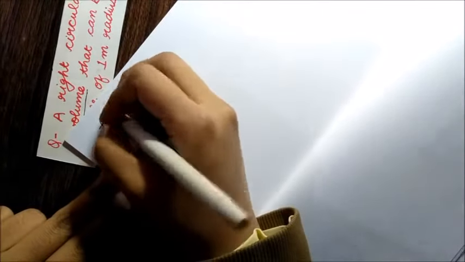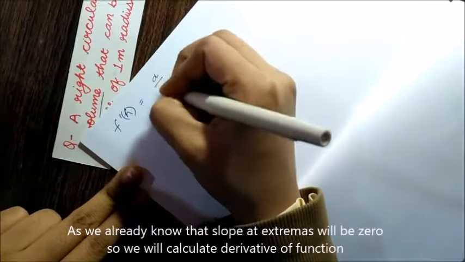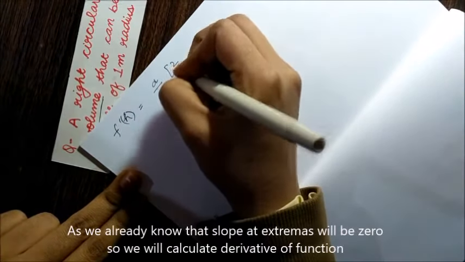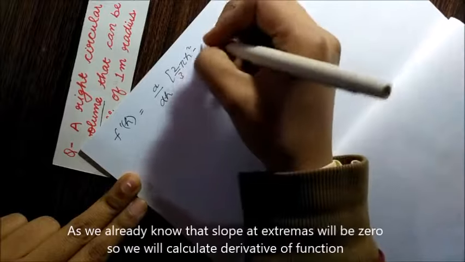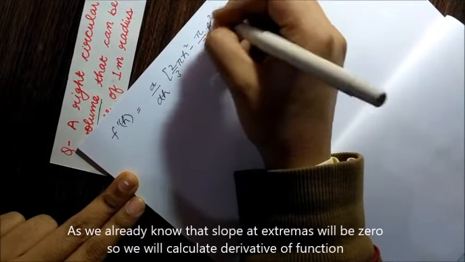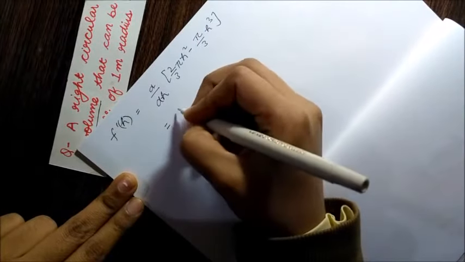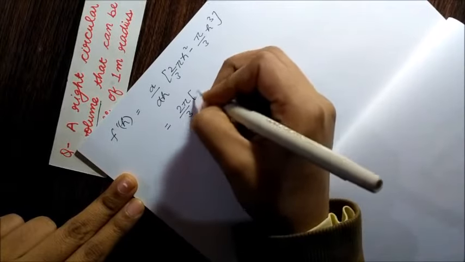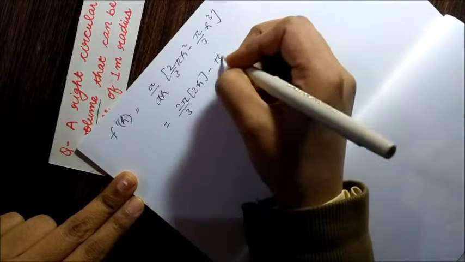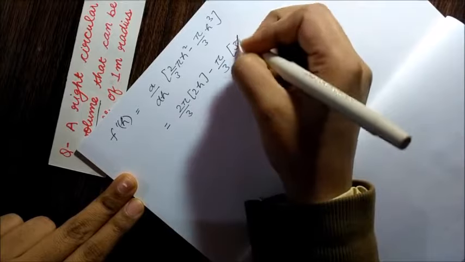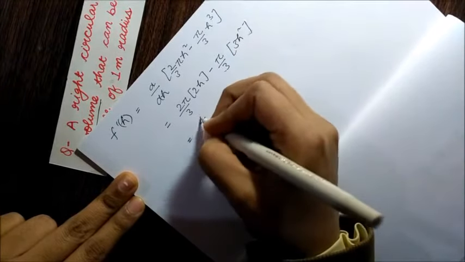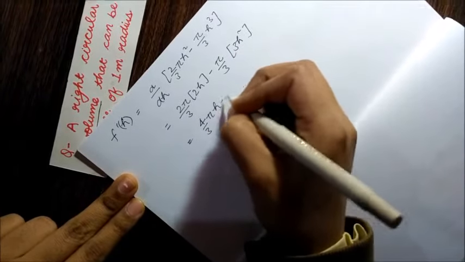Now we will find the derivative. As we already know that the slope at extremas will be 0, so we will calculate the derivative of the function. Now apply the formula. Simple differentiation.